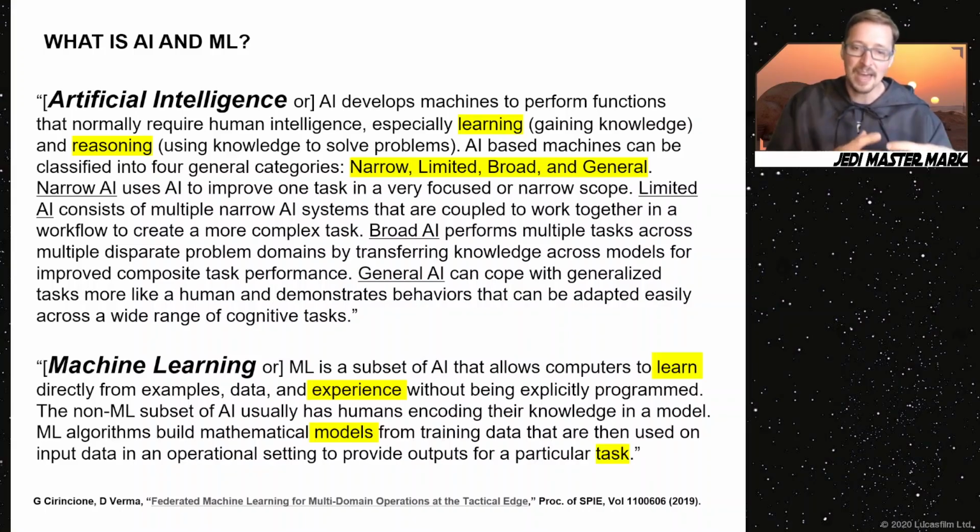In that way, you allow them to take input in an operational setting and provide output predictions for a particular task. So when you think of machine learning, think of an algorithm that is trained on the data that we give it.